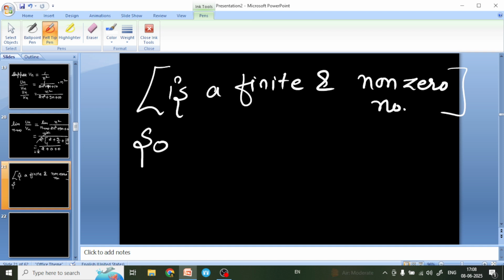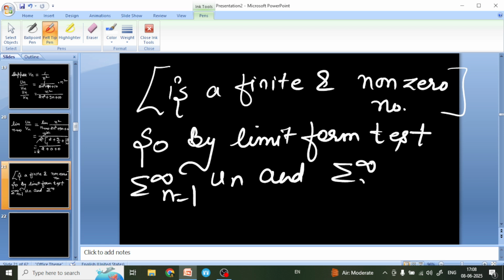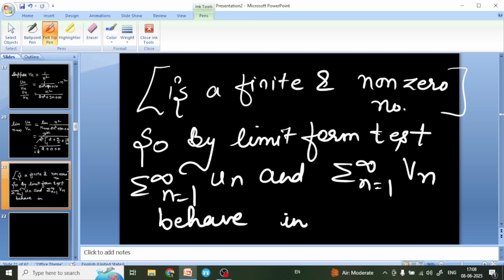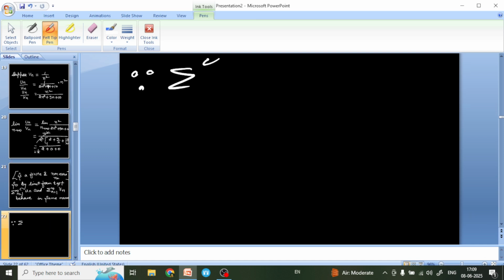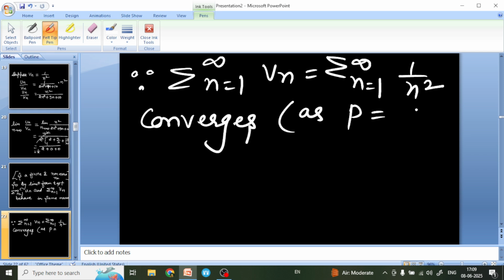So hence we can say by the limit form test, sigma infinite n equal to 1 un and sigma infinite n equal to 1 Vn behave in the same manner, because sigma infinite n equal to 1 Vn, that is sigma 1 by n square, converges as p is equal to 2, that is greater than 1.